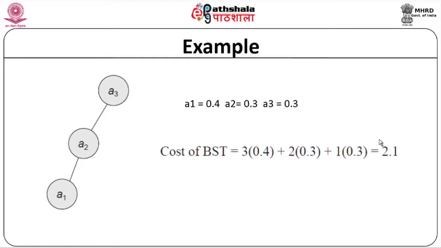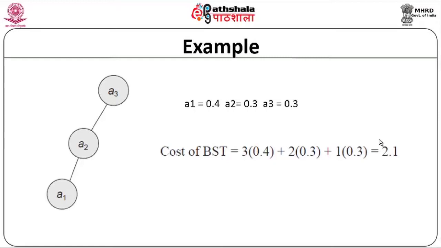The cost of the BST is computed by multiplying the level and the probability of occurrence. You recollect the concept of level from the earlier module. The root is always in level 1, and the path length indicates the level of that particular node.